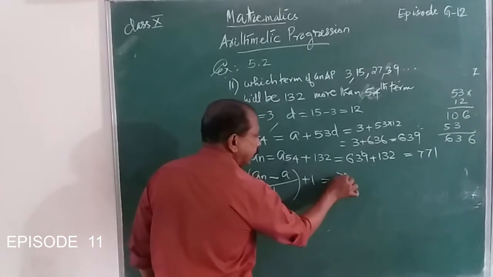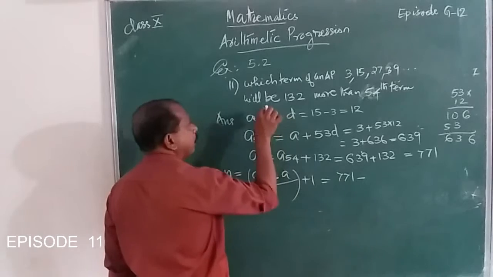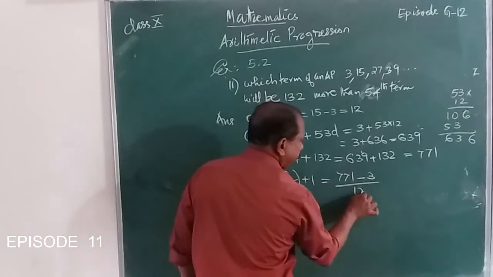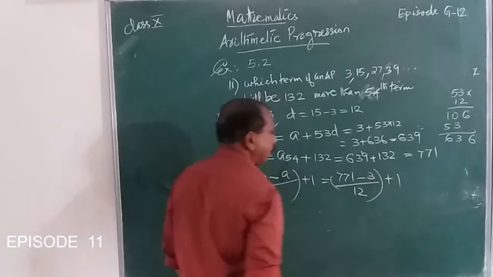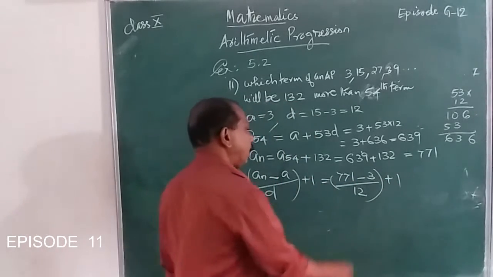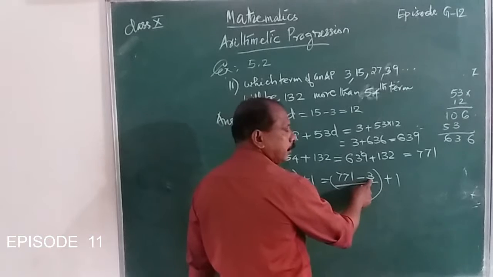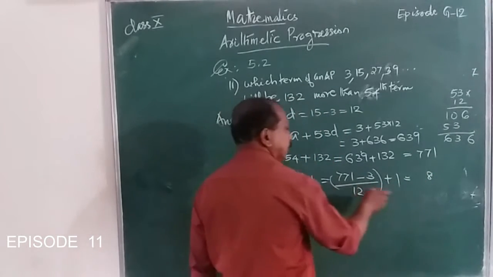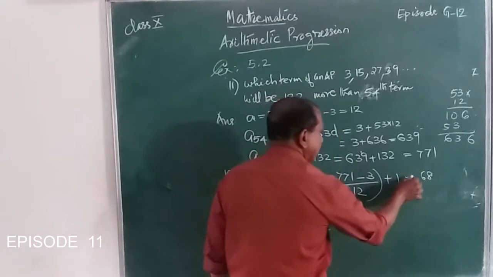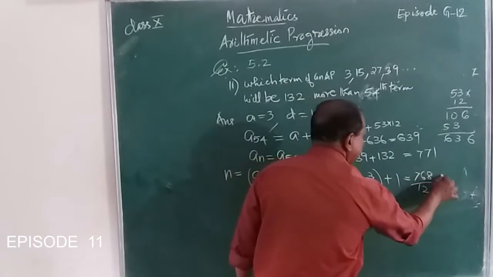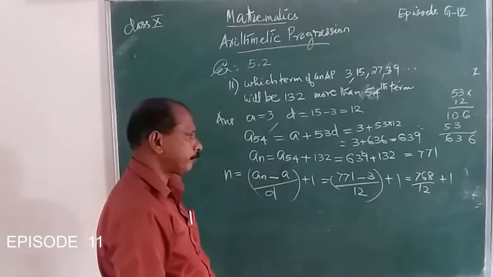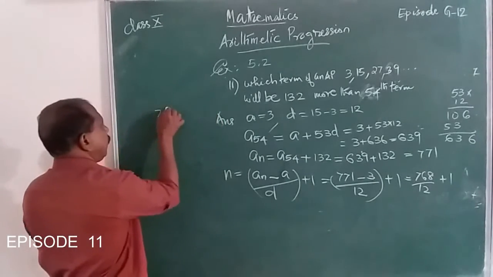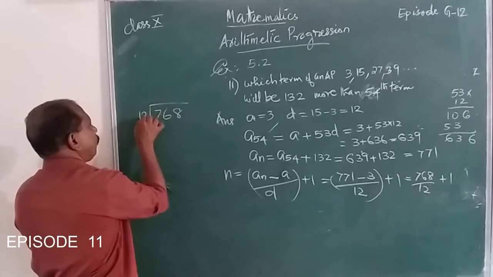That is, the last term 771 minus first term 3, by d, which is 12, plus 1. That is 768 by 12 plus 1.